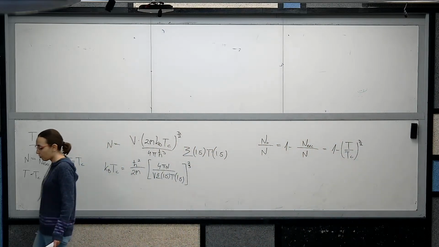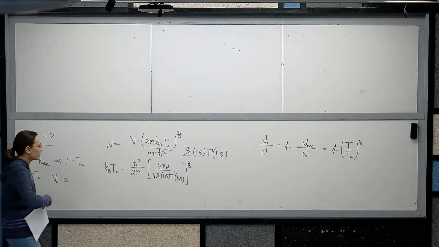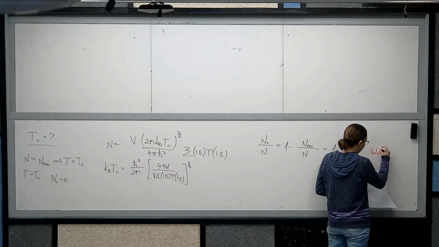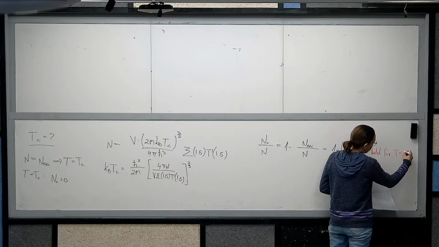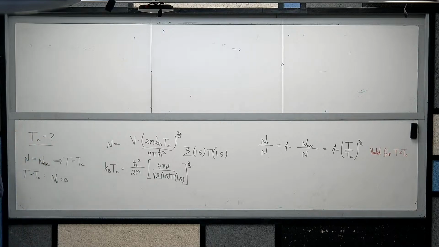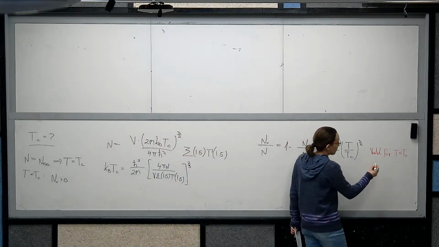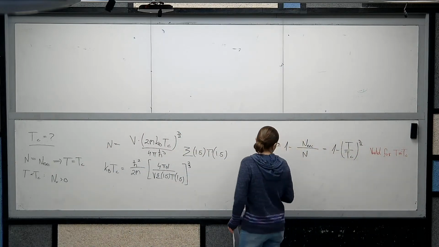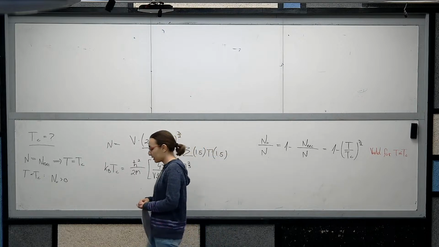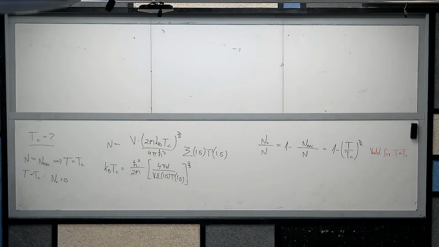And we need to remember that all of those equations are valid only for temperatures that are smaller than, or we can say smaller or equal to, the critical temperature. And then when we apply T equals the critical temperature, we get that N0 equals 0. Okay? Great.